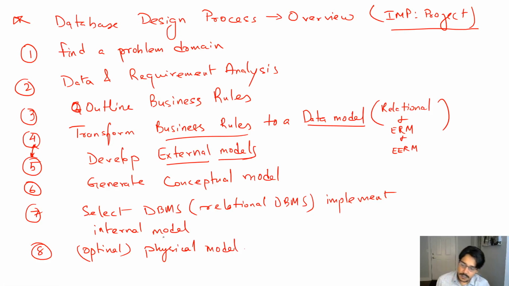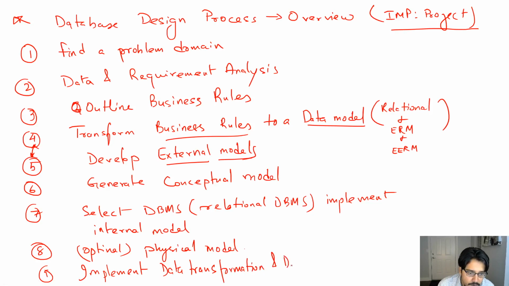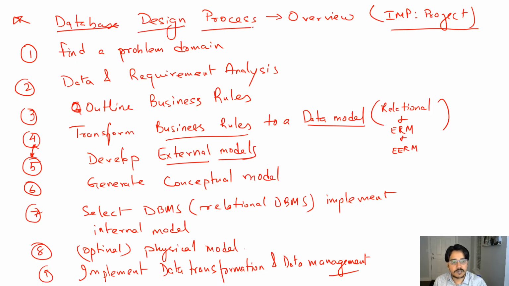All right, and then finally you can implement data transformation and data management. Okay. So that is basically the generic steps that you will have to follow for a database design process.